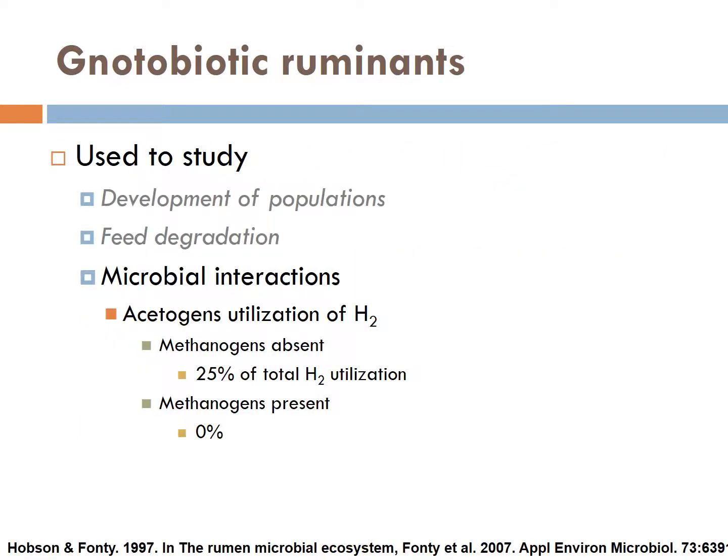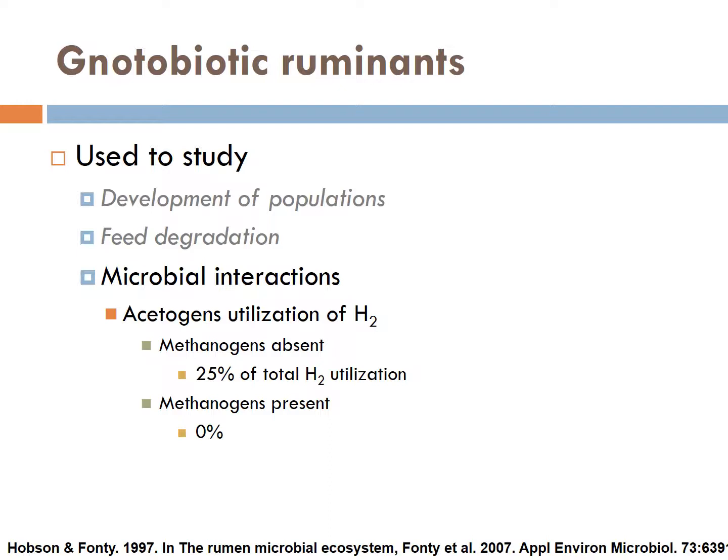A final application of gnotobiotic ruminants is to study microbial interactions. These have been used to study interspecies hydrogen transfer involving acetogens. Gnotobiotic animals with acetogens present were pulse-dosed with hydrogen. When methanogens were absent, acetogens accounted for 25% of the total utilization of hydrogen, showing the acetogens could use hydrogen.